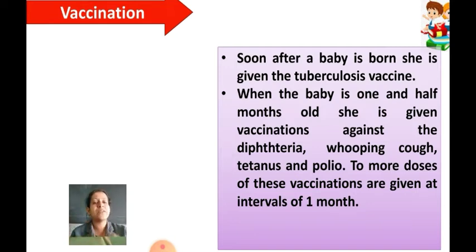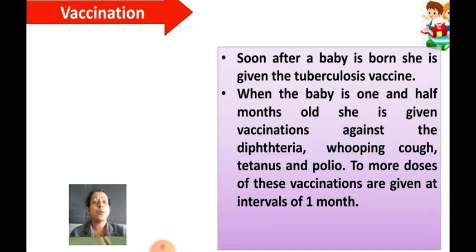This is given when the baby is almost 1.5 months old, and the same vaccines are repeated 2 times again at intervals of 1 month. That means if the first is given at 1.5 months, the second will be given at 2.5 months, and the third at 3.5 months. So triple vaccine and polio are given at 1.5, 2.5 and 3.5 months, and when the baby is born, the BCG vaccine is given for tuberculosis.